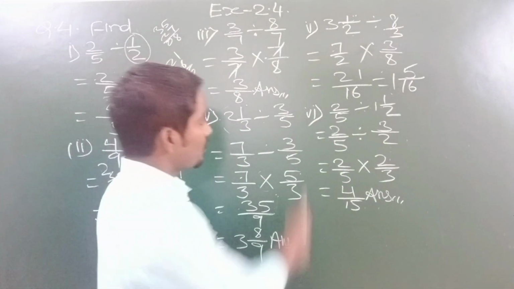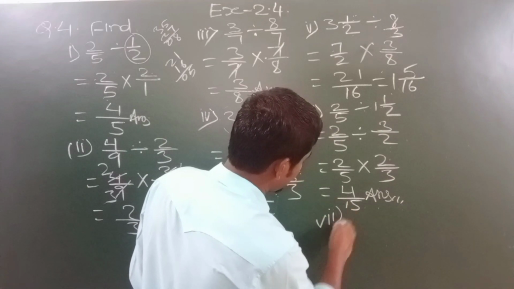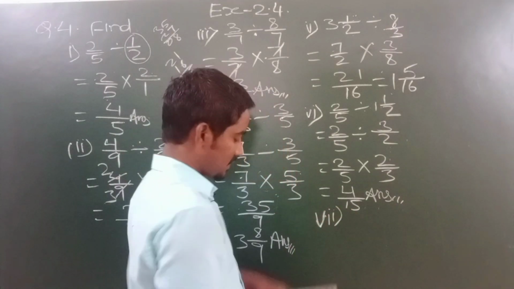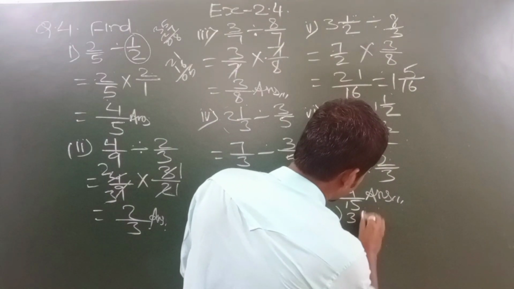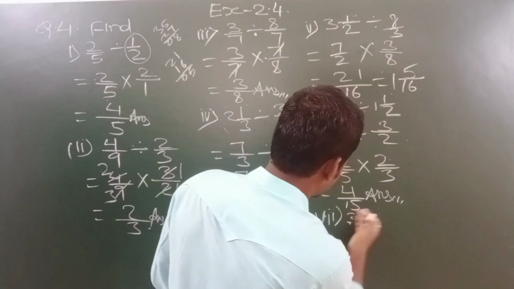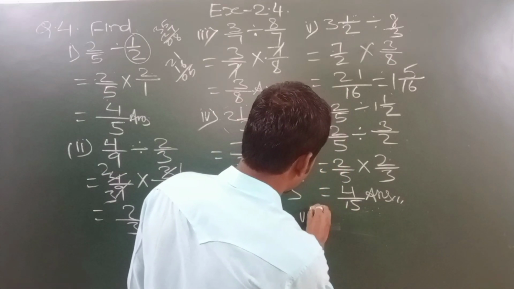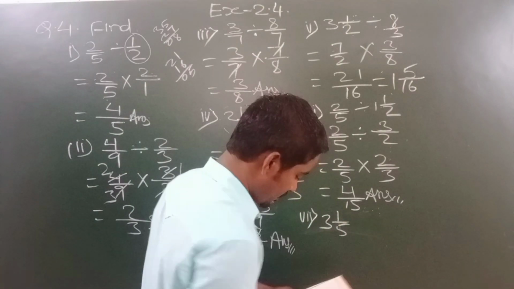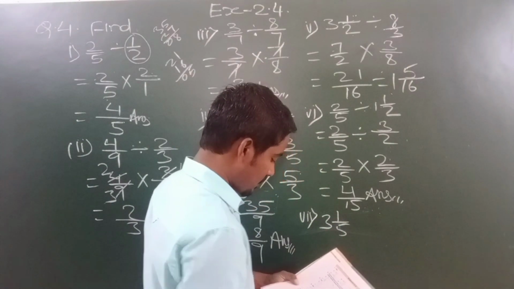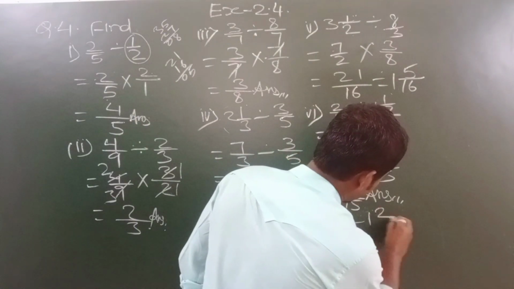Okay, now next, segment number 7, students. It is 3 and 1 upon 5 divided by 1 and 2 upon 3.